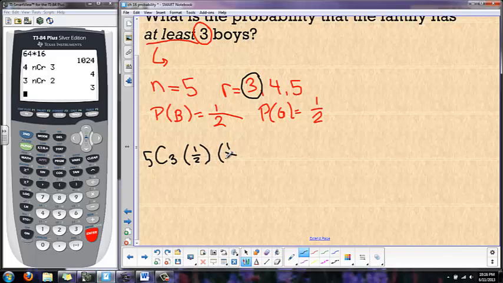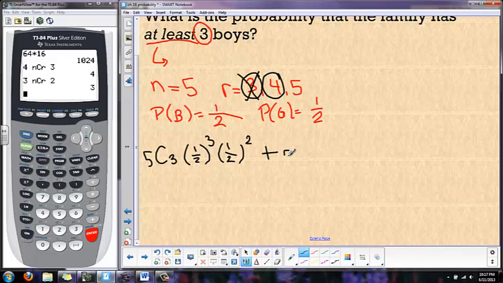Now remember, the exponents represent how many times I want these things to occur. How many boys do I want to have in this case? Well, my r is equal to 3, so I want 3 boys. If I have a total of 5 kids and 3 of them are boys, that means 2 of them are girls. Plus, forget about that 3, and now let's focus on the 4.